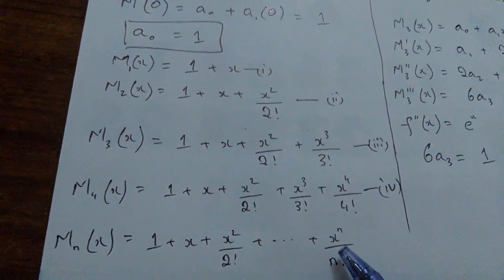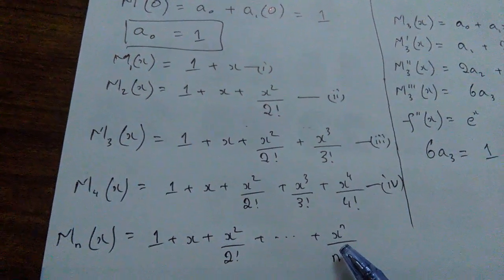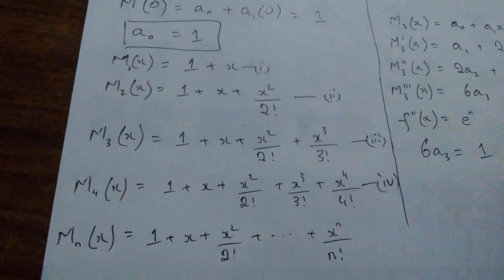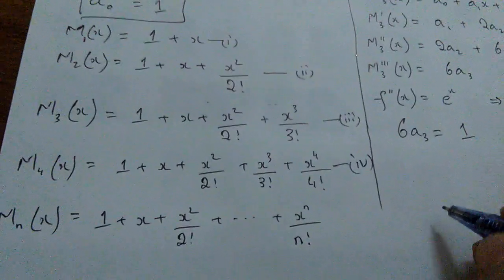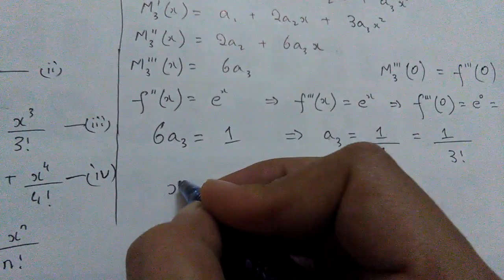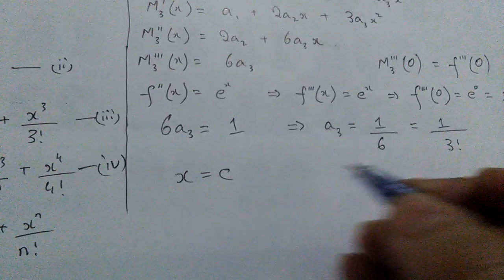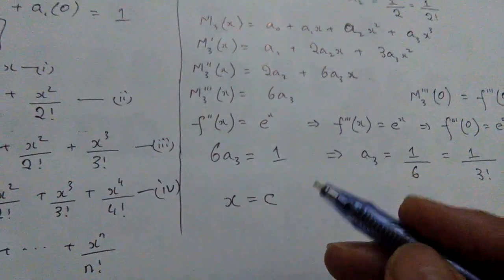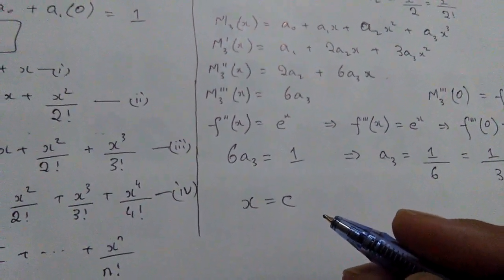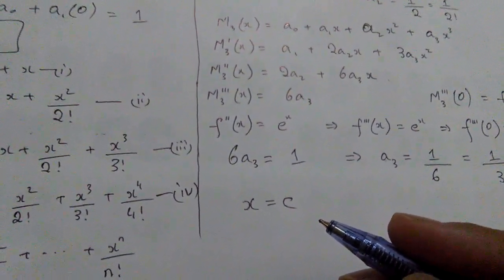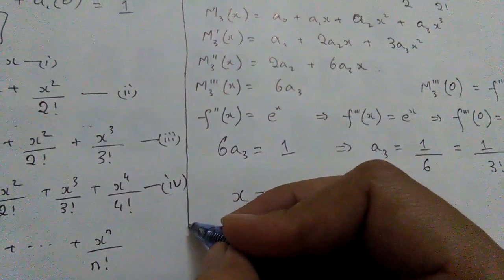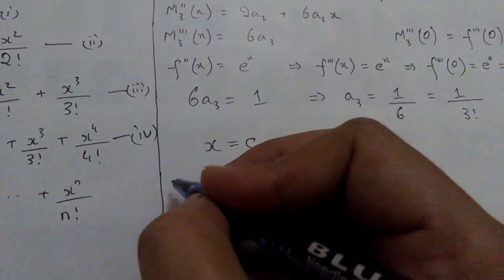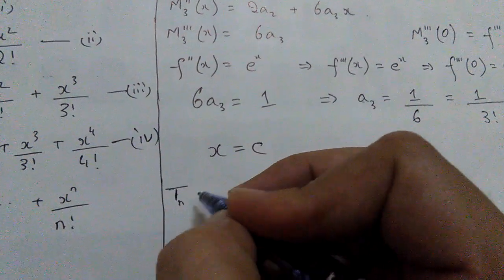And if we repeat the steps for x equals some non-zero value, I just call it c, for example, instead of x equals 0, then the resulting polynomial is said to be the nth degree Taylor polynomial that explains the approximation for f, and we represent it in this way.